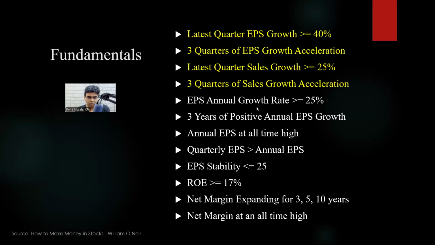Okay. There could be a stock where the EPS growth is less than 40%, but it is accelerating for three quarters. So let's say the EPS growth is 35%. It could be 10%, 25%, 35%. It is still expanding. So you have to check each of these criteria. Plus, some students were asking, what if the EPS growth is minus 25%, minus 10%, and then 22%.